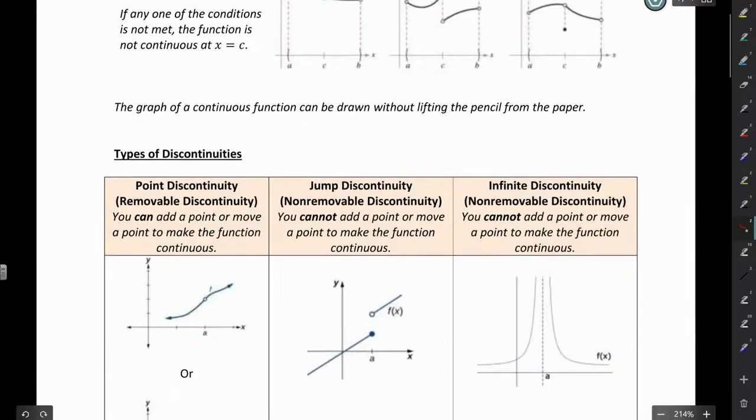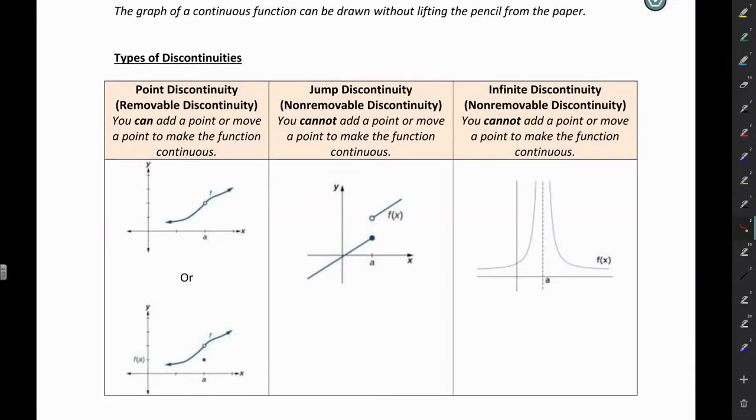Now, in a previous lesson, we talked about types of discontinuity, and we're just going to add a little note about each of those. Some of them have what we call removable discontinuity, and some are non-removable discontinuity. For point discontinuity, I have a demonstration of two graphs that have point discontinuity. We're discontinuous at this point.